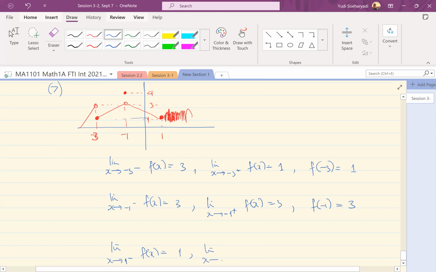Okay. What about this one? Well, because this is extreme oscillations, the limit does not exist.